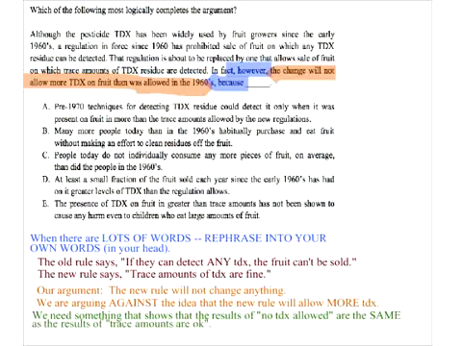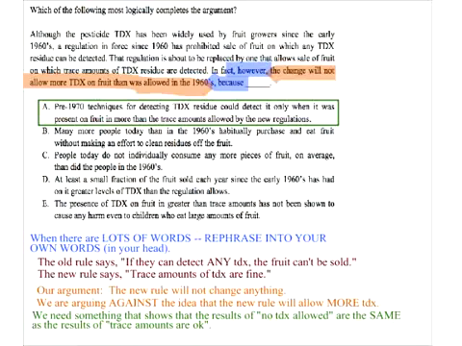So what that's going to do, that's what choice A does. Choice A says you can't even find amounts that are that small anyway. At least you couldn't back when the old rule was in effect.